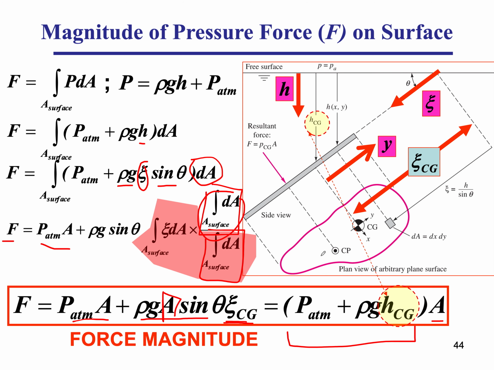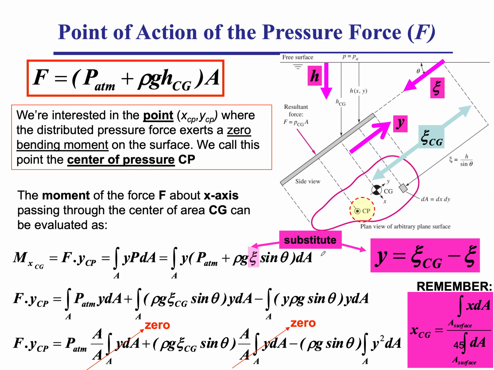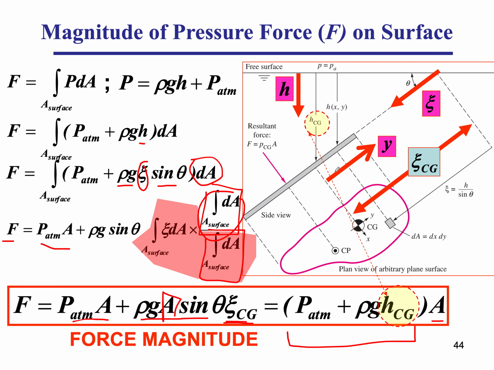And now we want to get its point of action. To get its point of action, we have computed a dF here on this area dA. And now what I want to do is compute, for this force, its moment about the center of gravity.